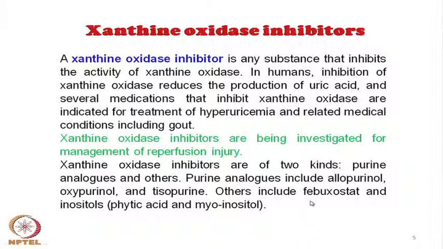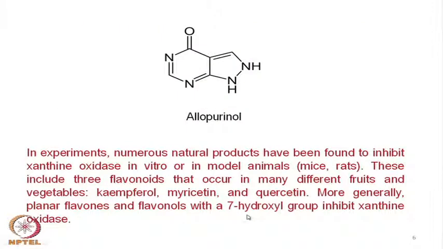So, febuxostat and inositols, and their corresponding other derivatives, can also be very useful to bind to the molybdenum site, such that it can protect that molybdenum site from binding to the xanthine molecule. We have already seen allopurinol, and there are several other groups of molecules.